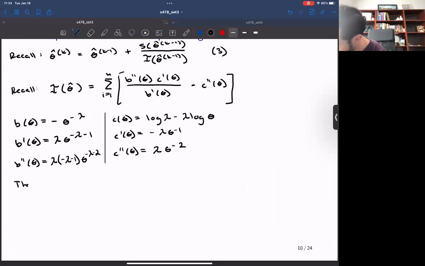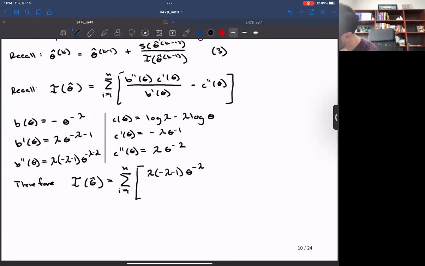Therefore, I of theta hat is going to be the sum from i equals 1 to n of lambda negative lambda minus 1 times theta to the negative lambda minus 2 multiplied by negative lambda to the theta minus 1, divided by lambda to the theta to the negative lambda minus 1 minus lambda to the theta minus 2.